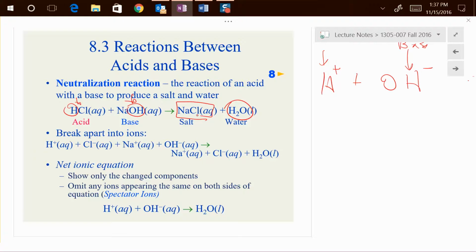You put these two really nasty things together, and what do they make? Are you worried about salt water? Nobody cares. Nobody's concerned if some salt water gets on their hand. Why? Because you've neutralized those acids and bases. You've taken care of them.